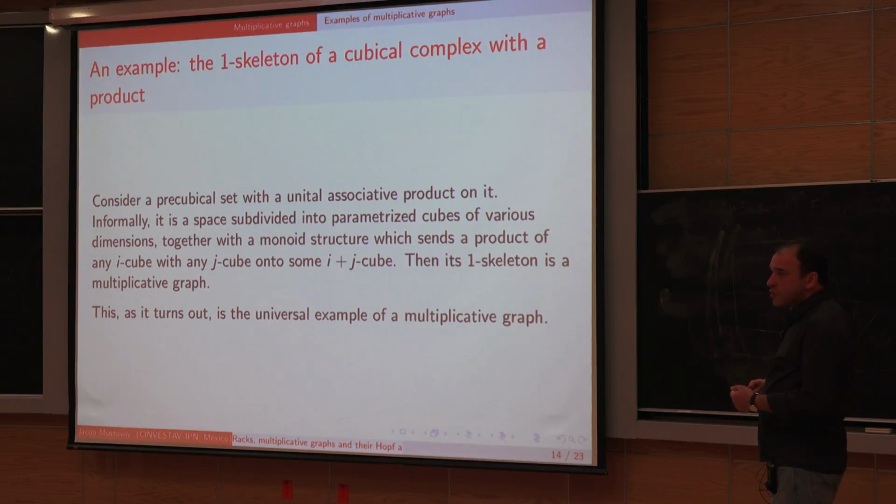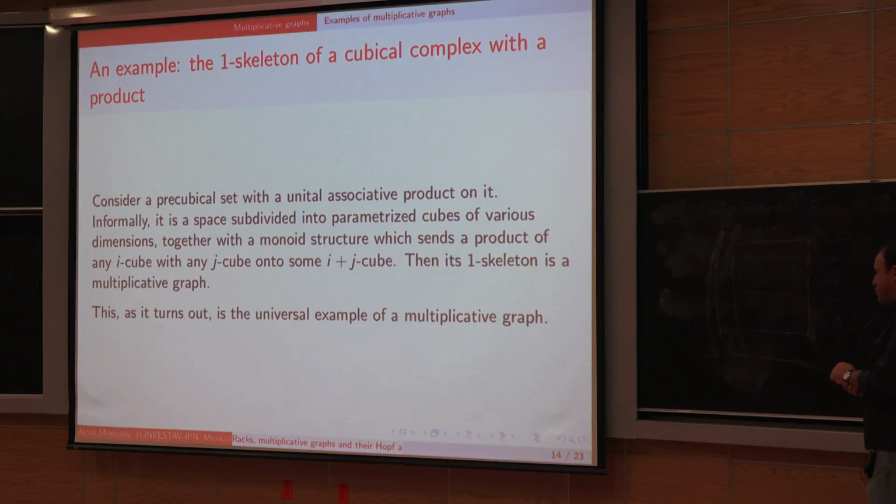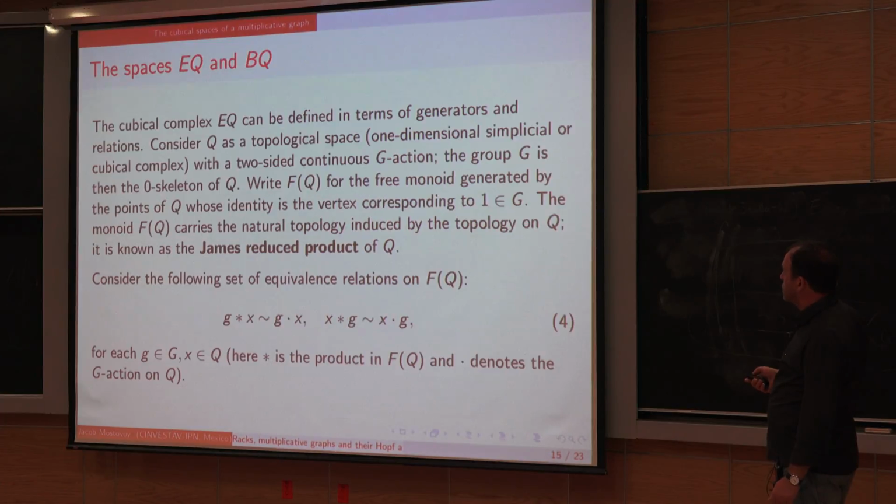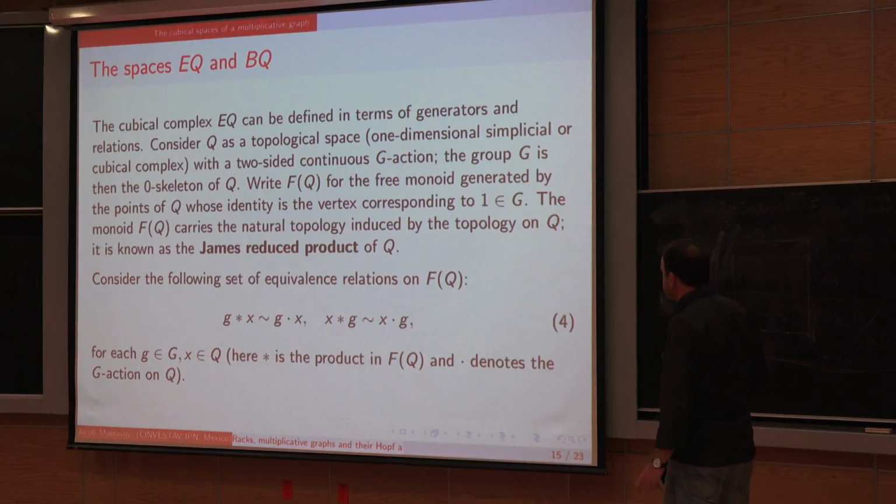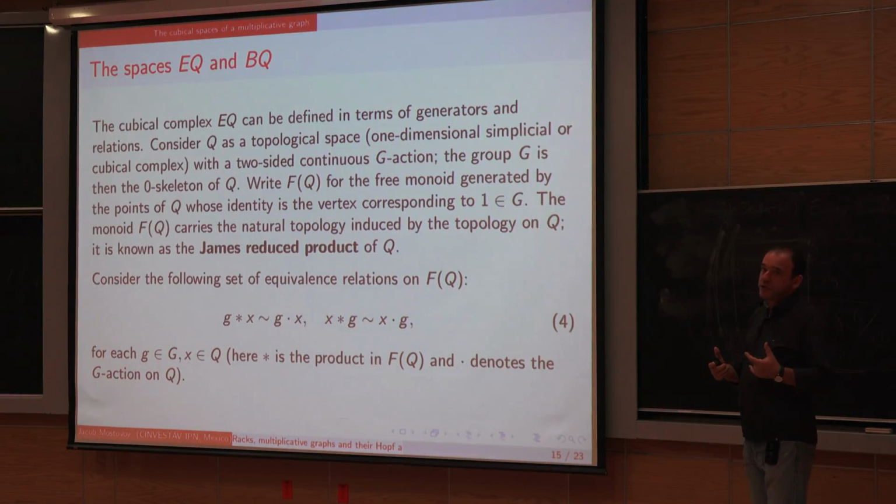So this also works in the simplicial setting, but I'm really into cubes here for some reason. And this reason is the following. If you have a multiplicative graph, you can actually reconstruct some sort of a universal pre-cubical set with a multiplication on it.